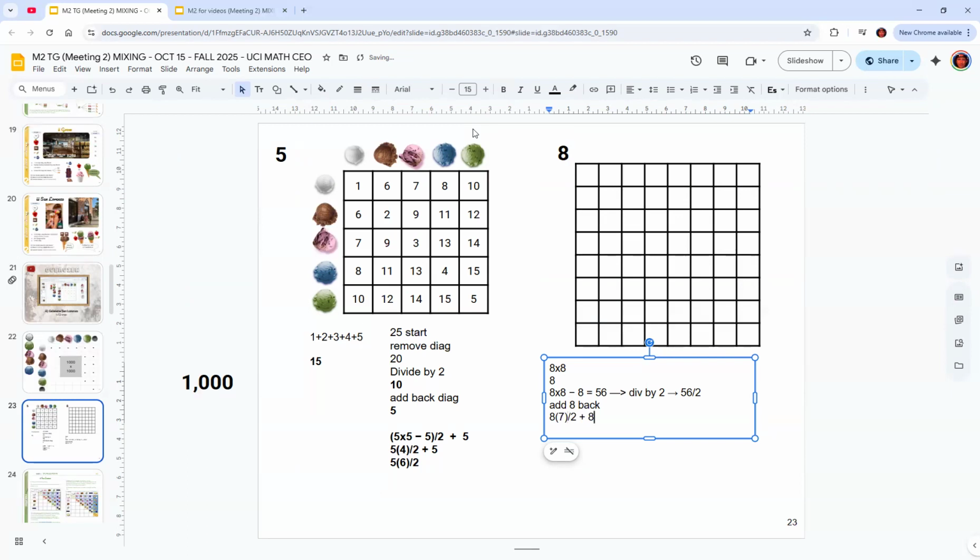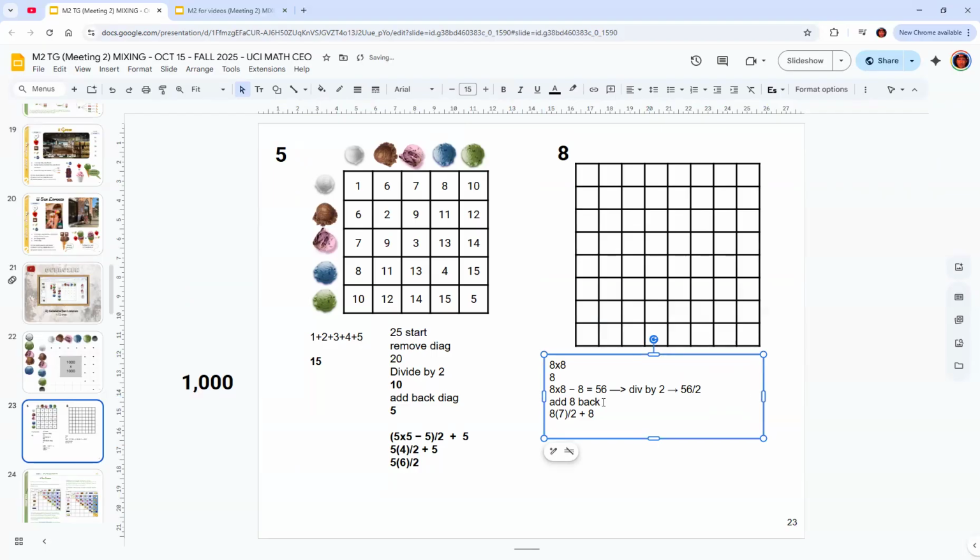And so the students start getting these nice formulas that are very flexible, that can look like this, or factoring the 8 again, right? As we did last time. 7 over 2 plus 1. But 1 is 2 over 2. So it's actually 8 times 9 divided by 2.